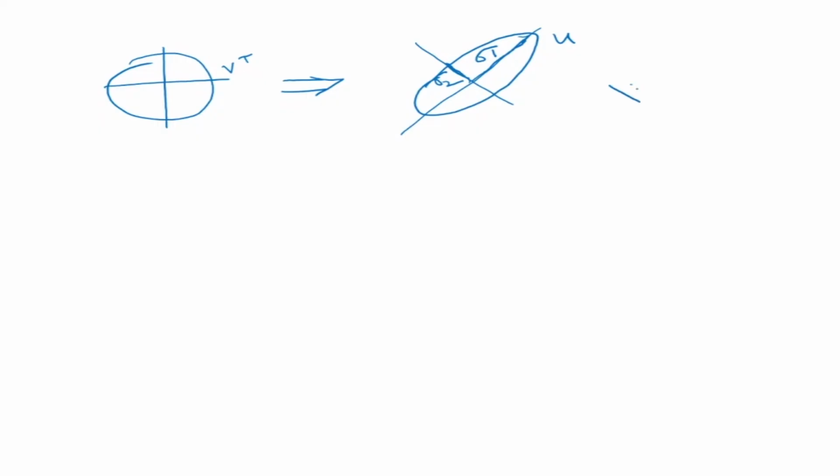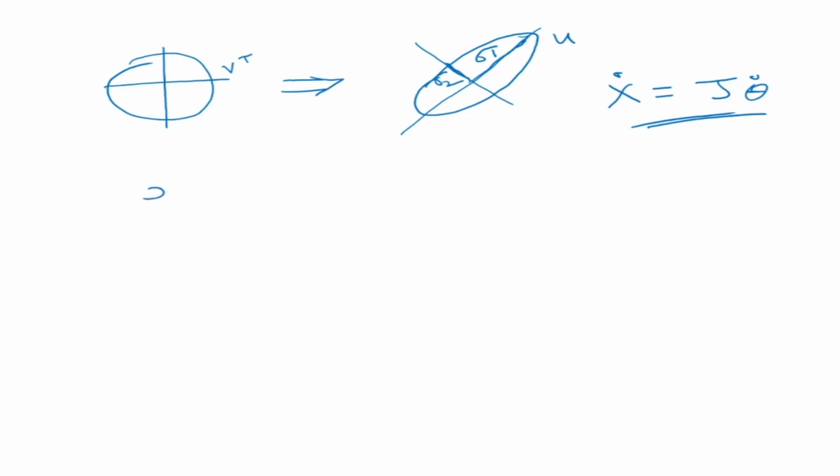Why? Because our transformation x dot is equal to J into theta dot is of this nature. Okay, and we can find this by looking at the singular values, which are the square roots of the eigenvalues of the matrix J. Now, what does this mean? Sigma 1, sigma 2 again.